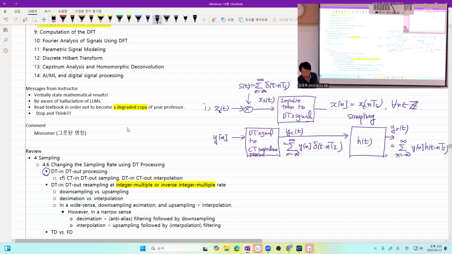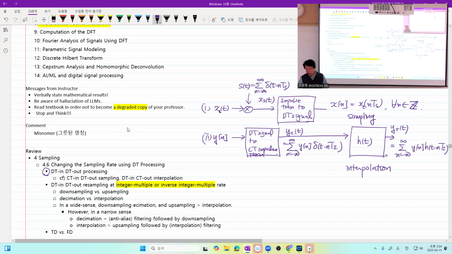This second part is called interpolation, and here you have an interpolation filter. If we follow exactly the same idea, when we have a discrete time signal in and discrete time signal out, with similar operations, we'd better call this sampling and this interpolation.